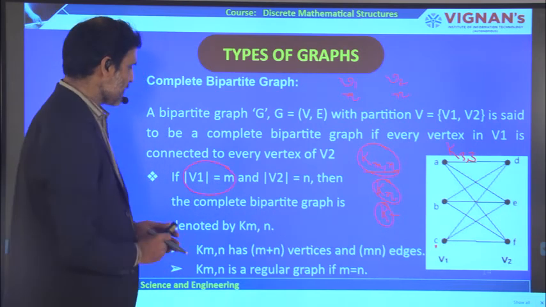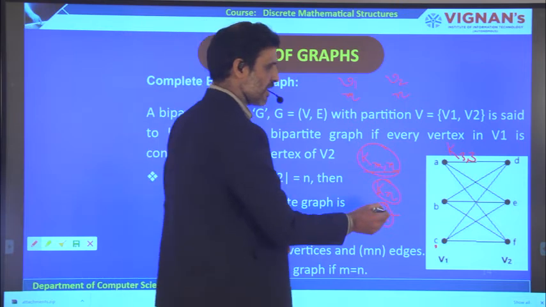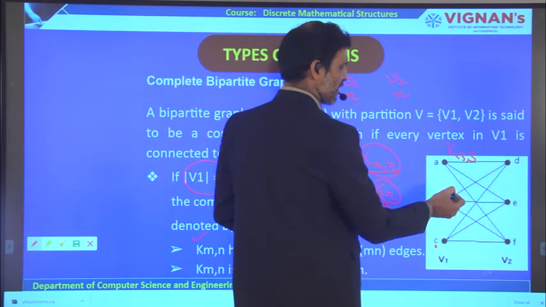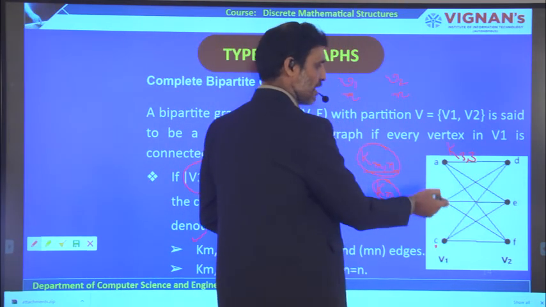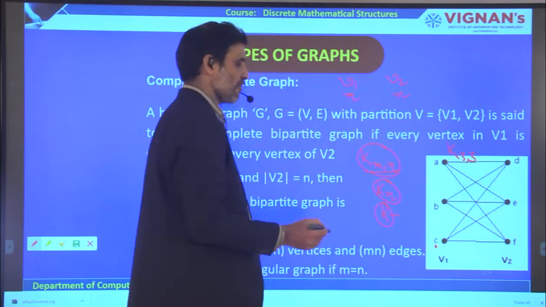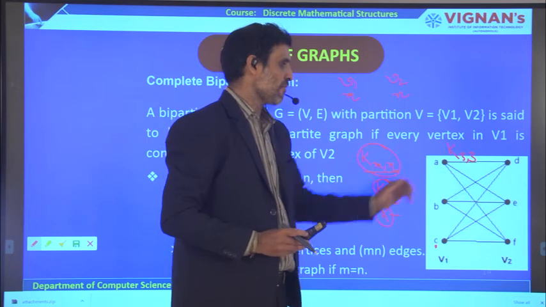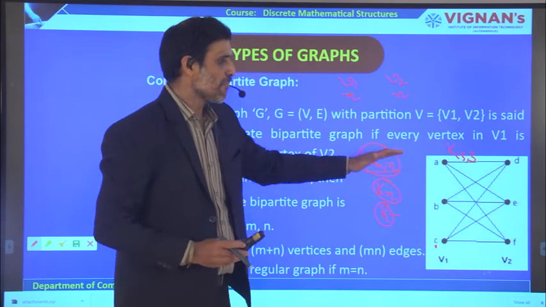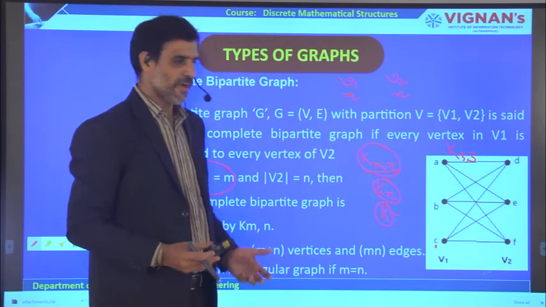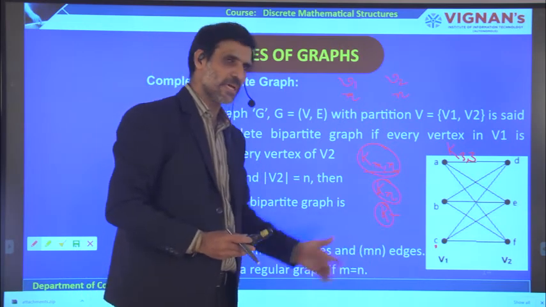So you might get these questions in your GATE examination, and they will give a graph like this and ask the number of vertices. It might look very easy by seeing this graph, this is a very simple graph, but you might get a big graph. There they may ask that this graph consists of this many vertices, so what is the number of edges of this graph? Then how do you find it? By using this formula, because m plus n vertices are there and mn edges are there.